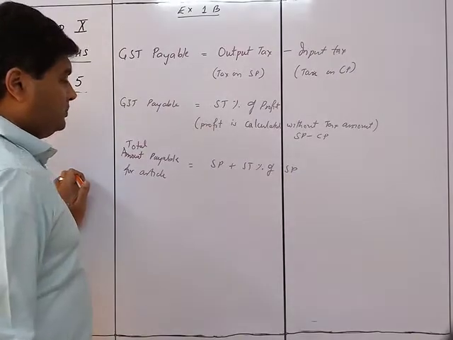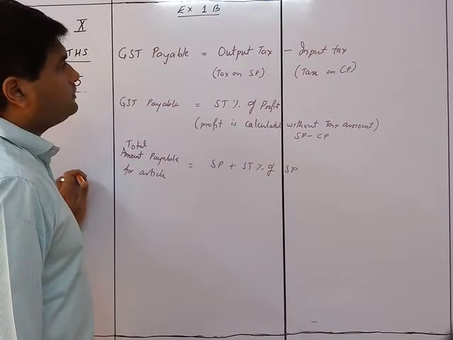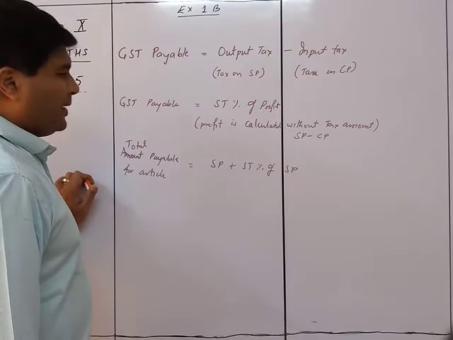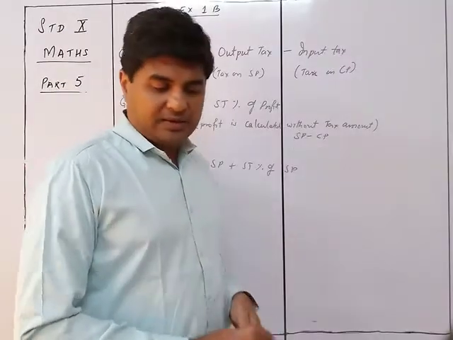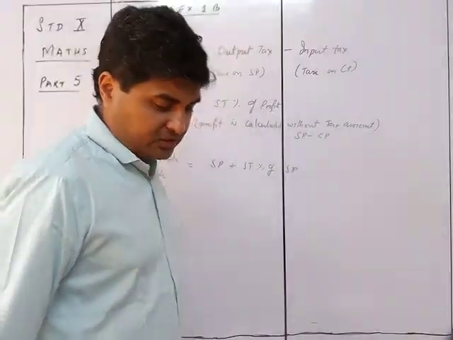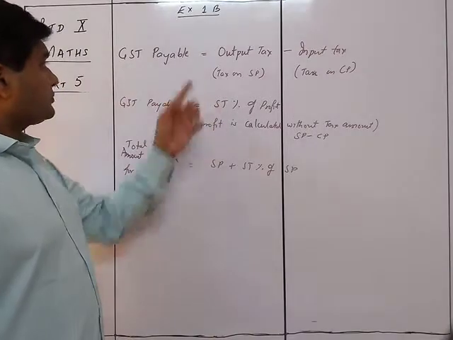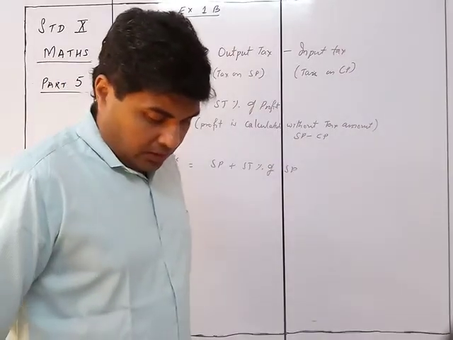That is given as the amount payable. The discount and the NP we already discussed earlier. So these are the formulas for exercise 1B.